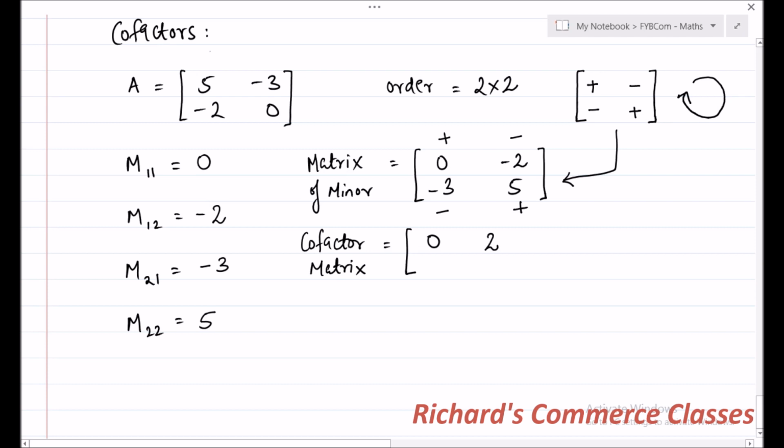Moving clockwise, the next element is plus 5, so I will just write 5. And the next element is minus 3, but the sign assigned to it is minus, so minus into minus will make it plus 3. And this is your cofactor matrix. This diagram is something that you need to remember. Let's take a bigger matrix, that is a 3 by 3 matrix, and see how this works.